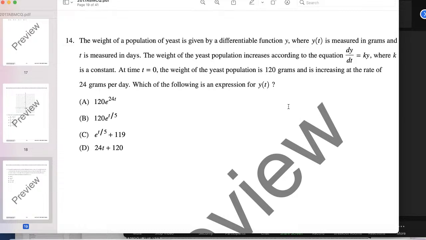So 144 over 120 is equal to e to the k. So 6 over 5. Turn this baby on. Natural log of 6 over 5 equal to that.